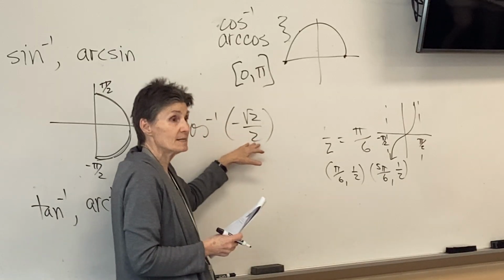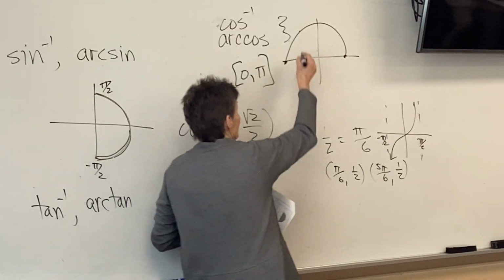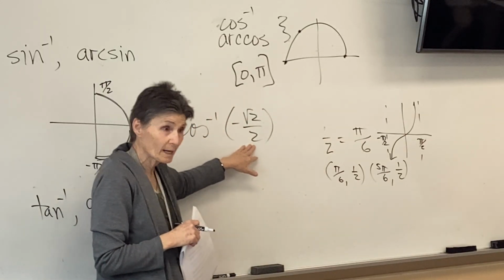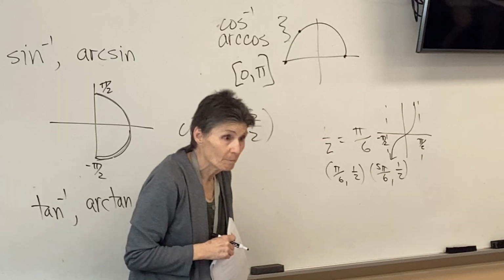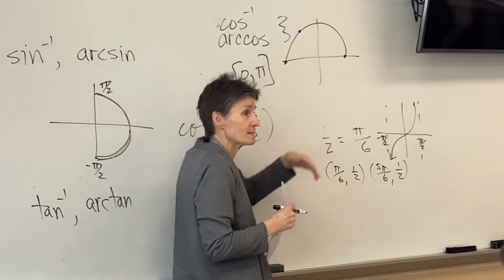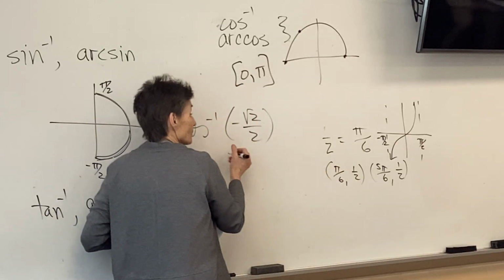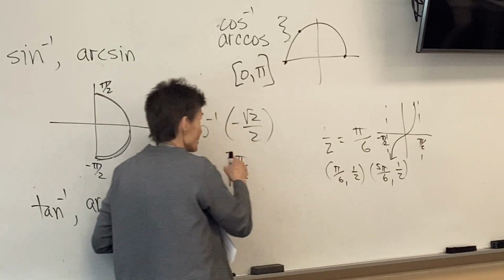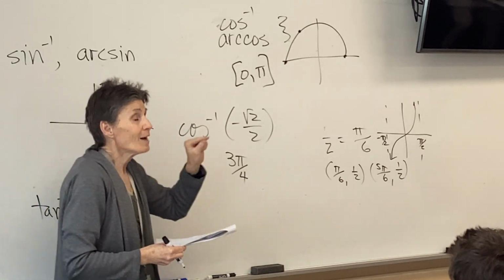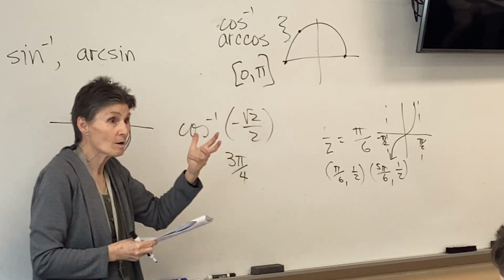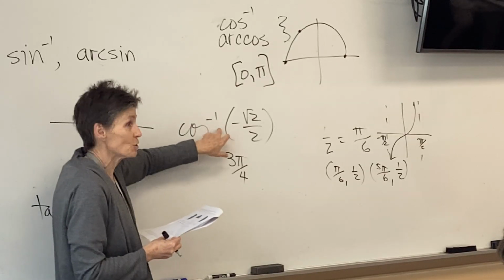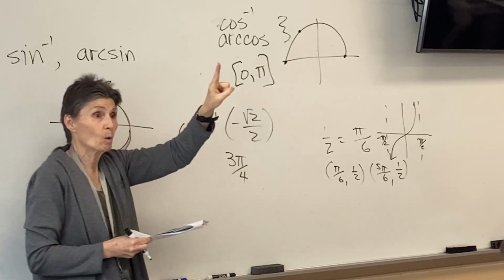If the cosine is a negative number, aren't I looking over here? And if the cosine is root 2 over 2, what kind of angle is that? Pi over 4? But it's over here, so which one is that? So the answer to the question is 3 pi over 4. You have done this kind of problem before, but you had 2 answers. Now we only have 1. These notations indicate 1 answer.